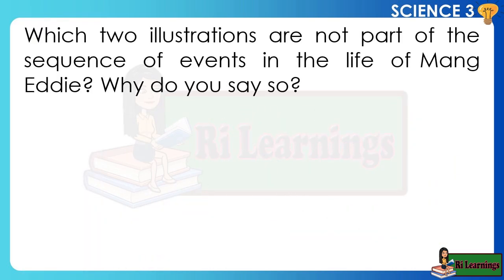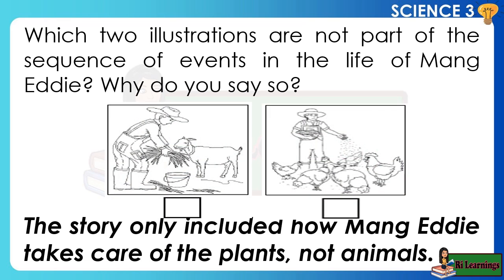Which two illustrations are not part of the sequence of events in the life of Mang Eddy? Why do you say so? The story only included how Mang Eddy takes care of the plants, not animals.